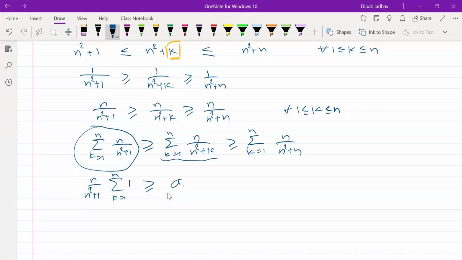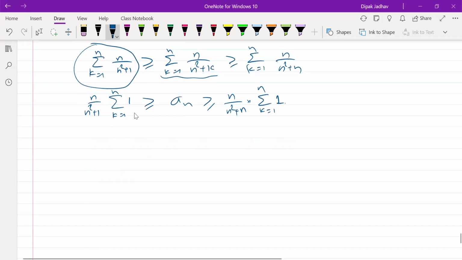The middle term is an. The right extreme is the same thing, n by n square plus n into summation k from 1 to n, 1. Summation of 1, n number of times, gives n. So this is n square by n square plus 1 greater than or equal to an greater than or equal to n square by n square plus n.